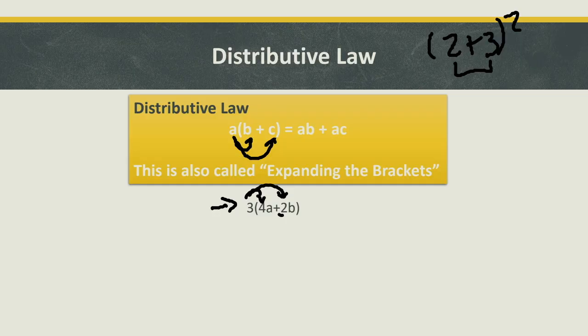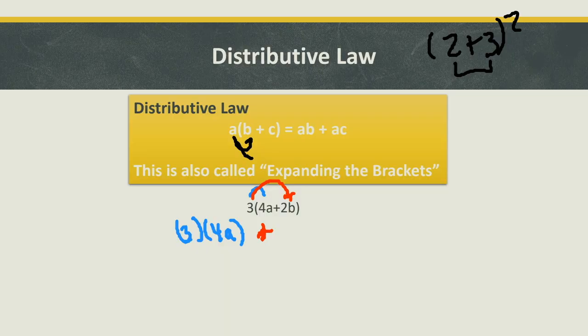So let's use some colors here. I'm going to erase that. 3 times 4a. So I'm going to do this in blue. So that means I have a 3 times a 4a, right? Then we're going to switch to red. There's also a 3 that has to be brought through to this term. So I have a plus in between because it's a positive sign here, but we're going to use a plus every time. Sometimes the sign will change, but it depends on what the sign is of the terms.